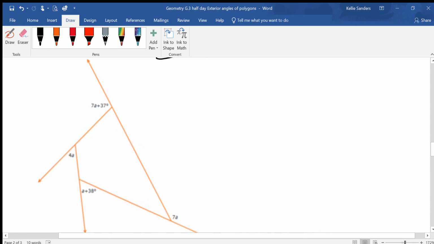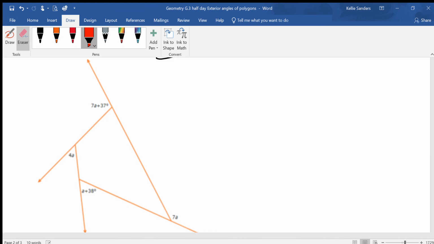So add your A's. So 7A, 4A, 1A, and 7A. If I just add up those terms right there, 7 and 7, 14, 18, 19A.